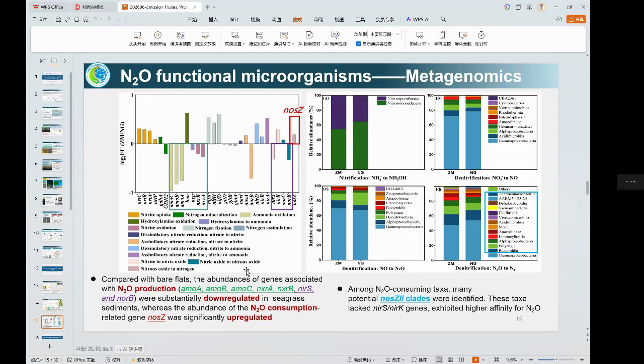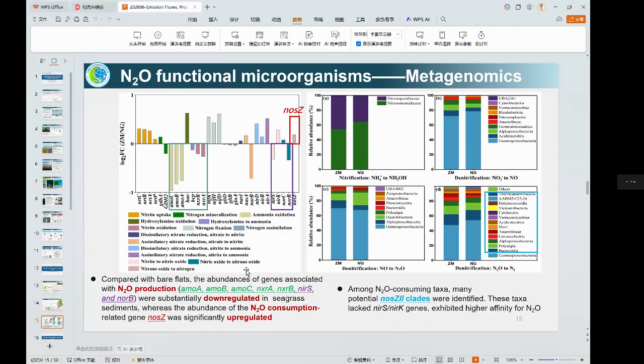Further, we conducted metagenomics analysis. Compared with the bare flats, the abundance of genes associated with N2O production, including nitrification and denitrification, was largely downregulated in seagrass sediments. But the abundance of the nosZ gene associated with N2O consumption was largely upregulated.